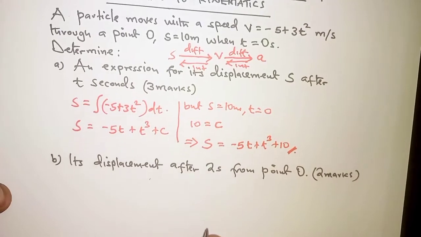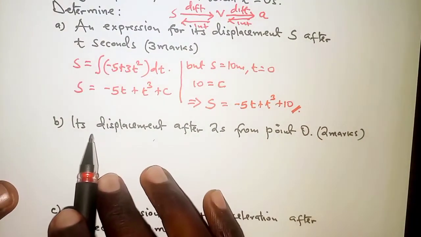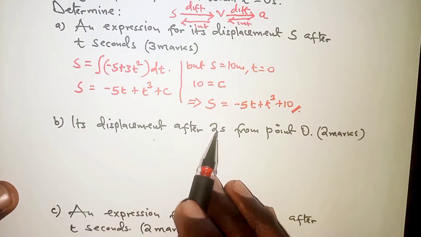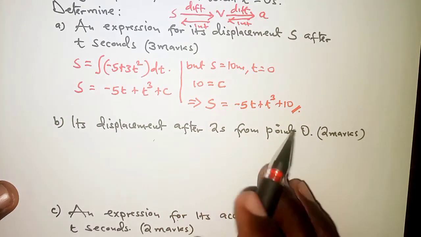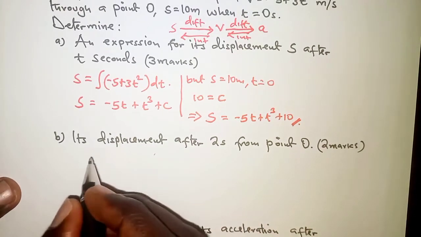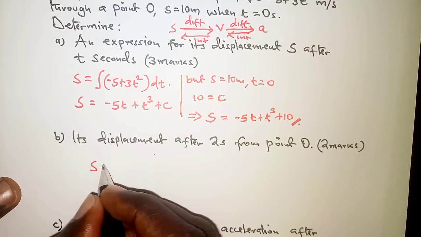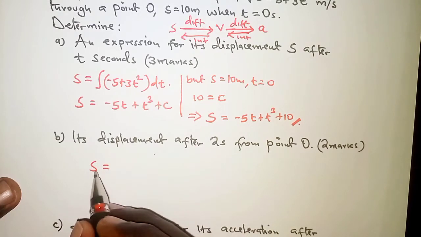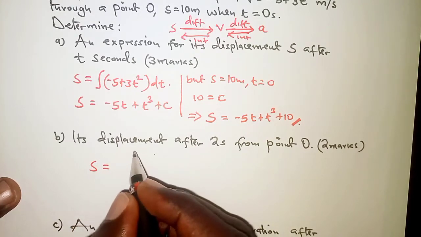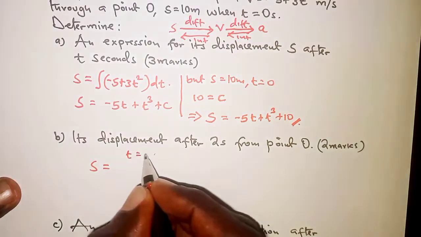Well, let's move to part B. Determine its displacement after 2 seconds from point O. So that means we are going to find the value of s when t is 2.